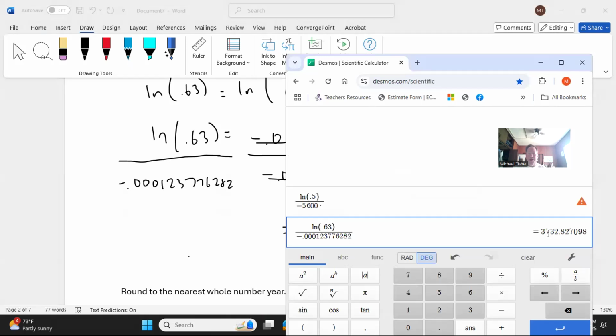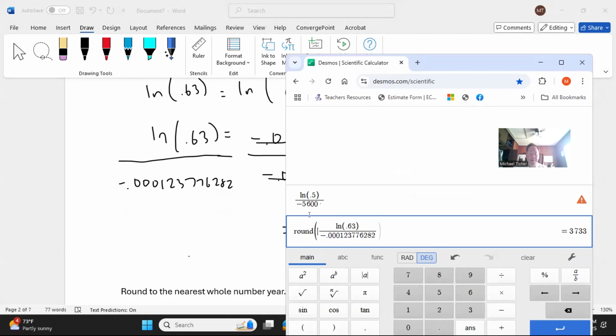So we have 3,732.827098, and to the nearest whole number year, that'll be 3,733. And to get that, we can just put round and put everything in parentheses, and we get indeed 3,733.